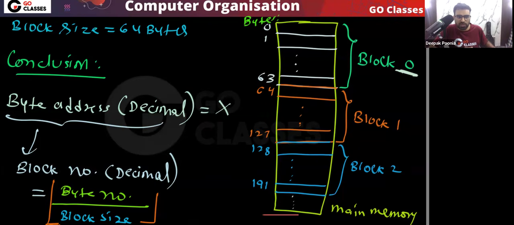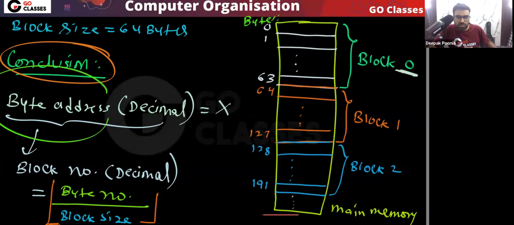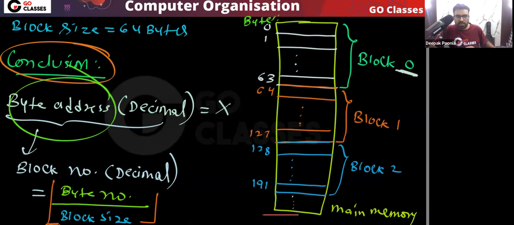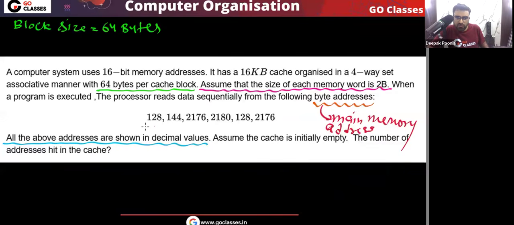If the byte address or the main memory address is given to you in decimal, that is X, then to find the block number to which this byte belongs, we will divide this byte number by block size, and we will take a floor. That's it, very simple idea. So now from this sequence, let's find the block number sequence.